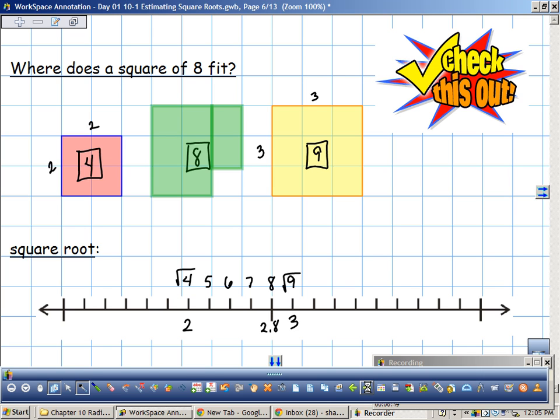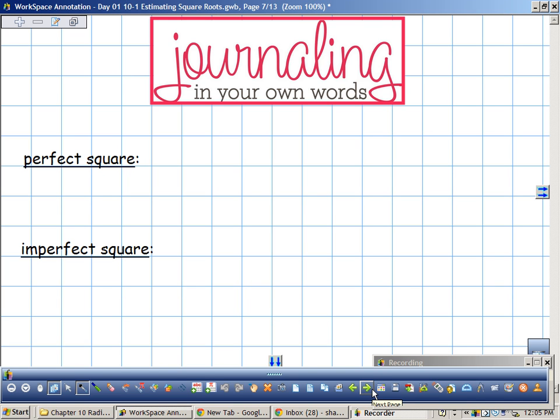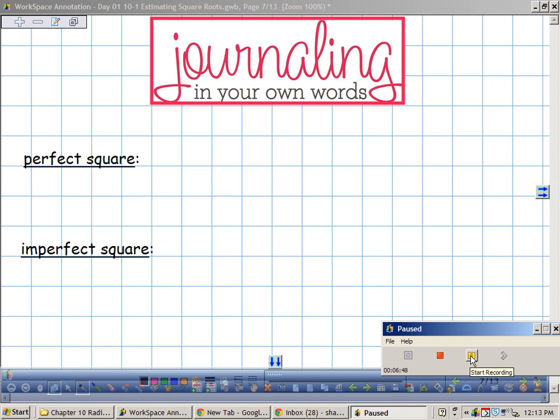Okay, let's move on. So in your own words, I want you to write down what a perfect square is and what an imperfect square is. And we're going to talk about that. Okay, so who has, in their own words, what a perfect square is? Anybody? Cassandra? Okay.